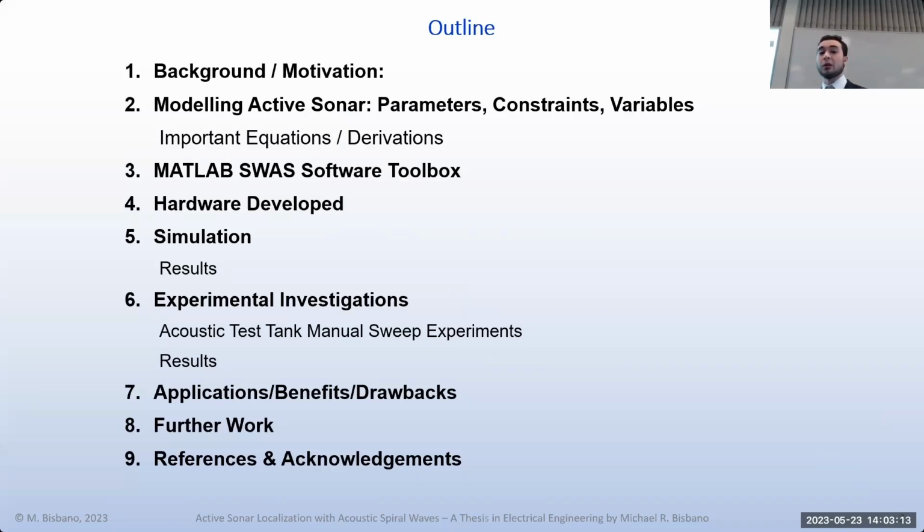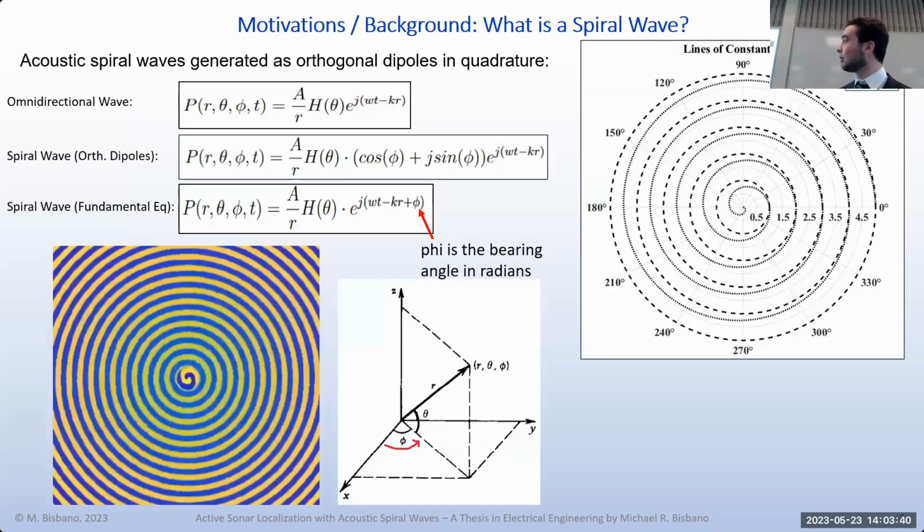And then I'll show you some of the tools I've developed, be it my toolbox, which I've coined the Spiral-Wave Active Sonar software toolbox, and then some of the hardware I've developed, some simulations I've run, show you the results, and then I'll go into experiments that I've conducted and show you those results as well. Then we'll take a step back, look at some summary of this, applications, benefits, drawbacks, and then further work. So without further ado, we'll get right into it.